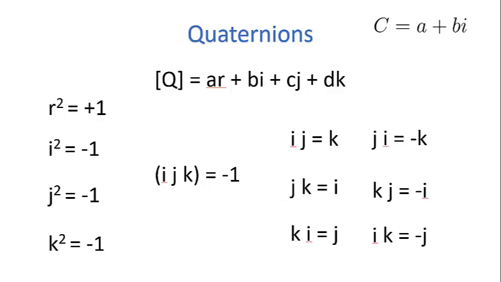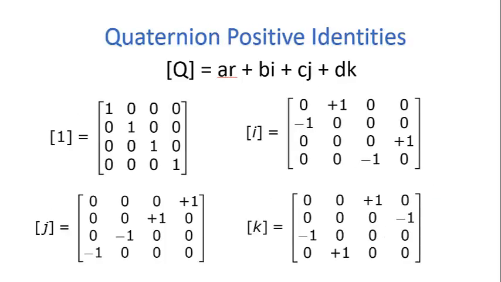And so I'm not going to actually do this here because it is kind of boring, but I can tell you that when I multiply this matrix here by this matrix here, I get this matrix here. And when I multiply this matrix here, so j times i, I'm going to get negative here and positive here and positive here and negative here. So I'm going to get negative k. And the same with all the other identities.